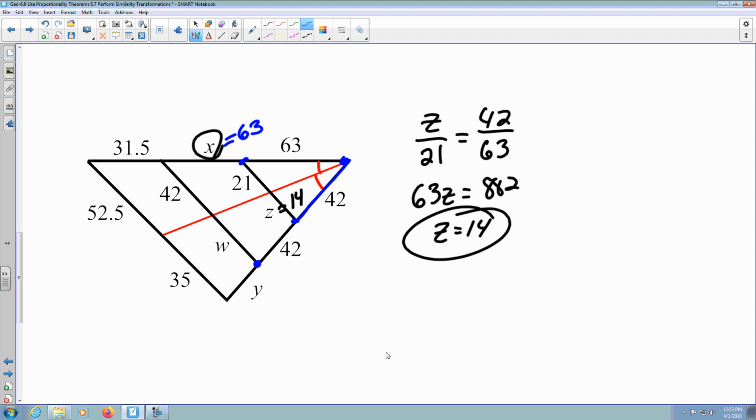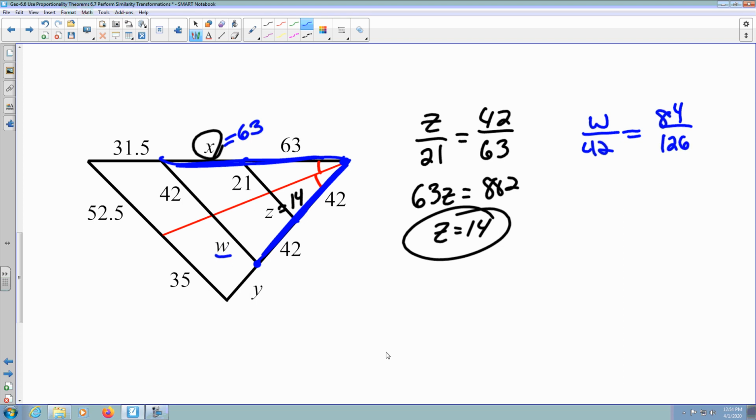And then all we got to do here is look at w. So now I can set this one up as w over 42 is going to be equal to, in this case, 42 plus 42, which is 84 because it's this whole line segment here, over 63 plus 63 because we're dealing with this entire line segment, and that is 126.